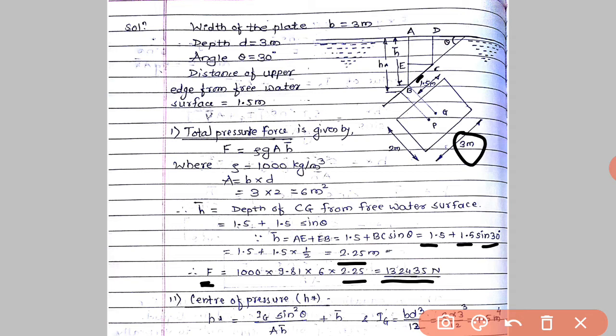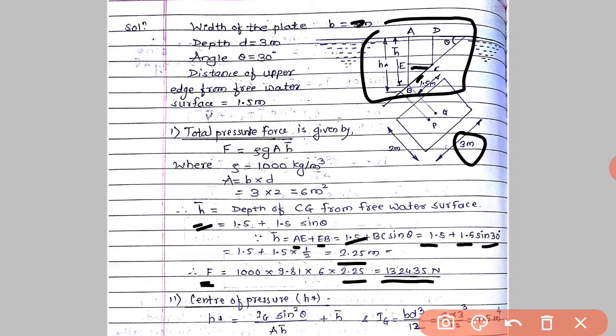Here for calculating h bar, what we have to do, we have to use geometry. From this we have to calculate the value of AB. H bar will be equal to AE plus EB. Already the value of AE is known. AE will be equal to DC, which is already given as 1.5 meter from the free liquid surface.